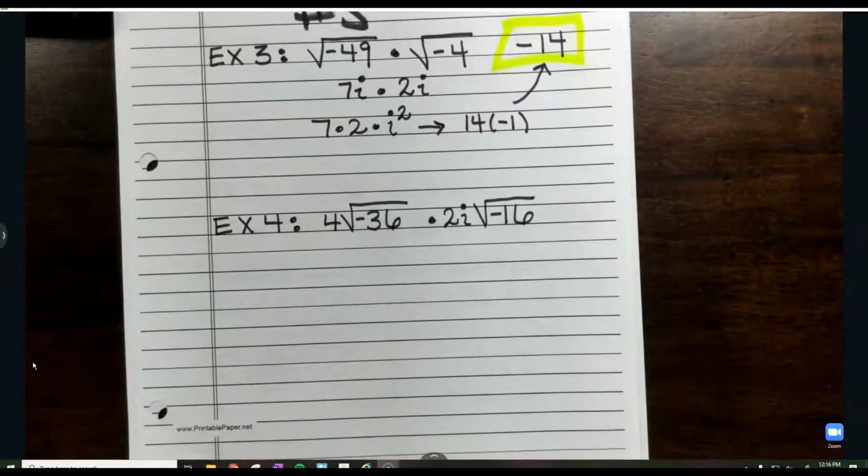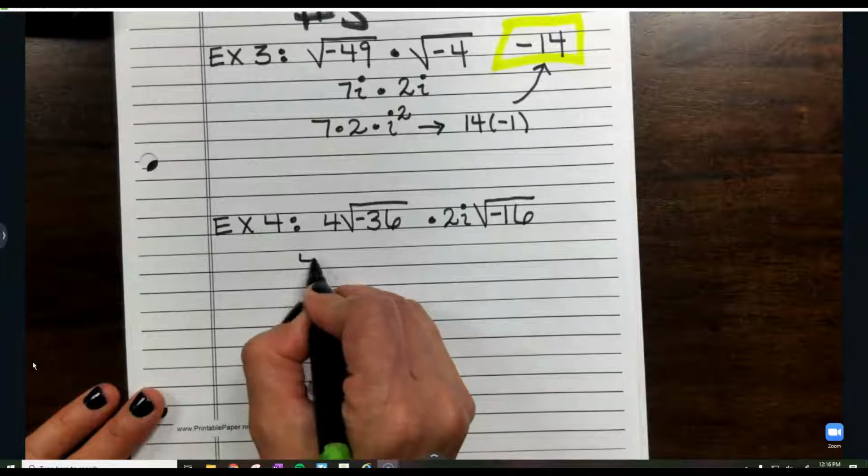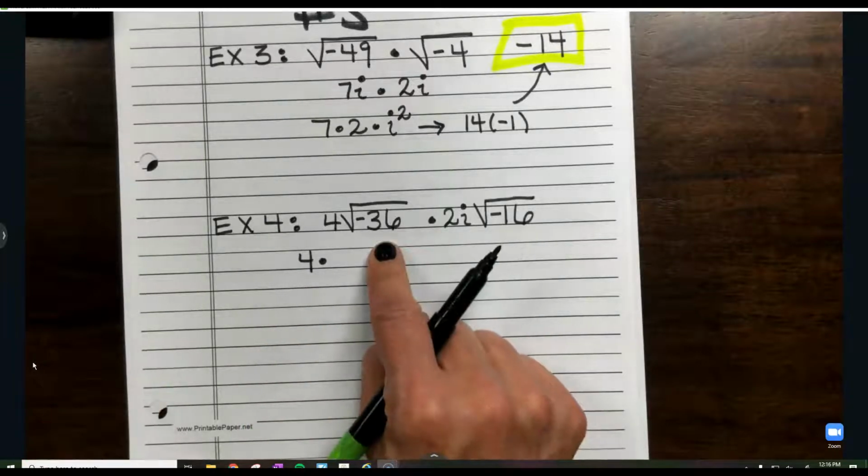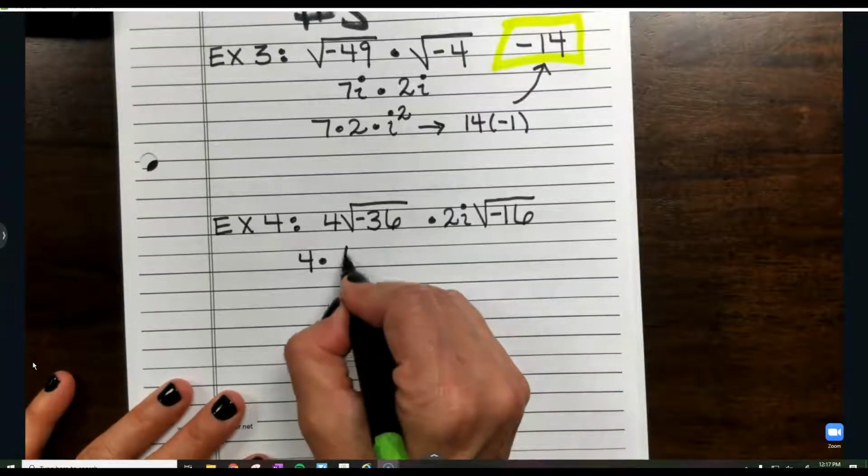So again, we're going to simplify our roots first. We're going to do it by category, and then we're going to move on and simplify from there. Remember, you can never, ever, ever have an i with an exponent in your answer. Cannot do that. All right, so it is going to be 4 times the root of negative 36. What is that? 6i.